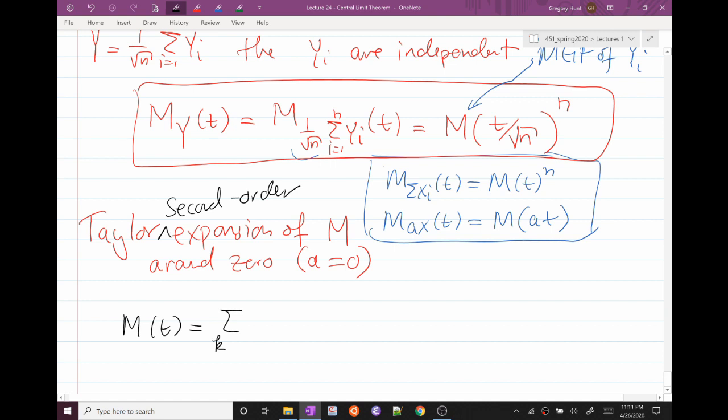So expand it as 3 terms, where r goes 0 to 2, right? It's a second order expansion. And remember, our Taylor expansion is the rth derivative. We're expanding around 0, so we plug in 0, divided by r factorial times our variable, in this case t minus 0, to the rth power.